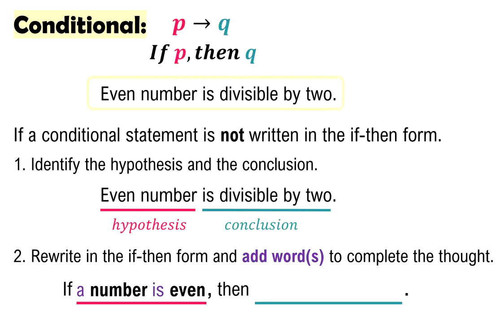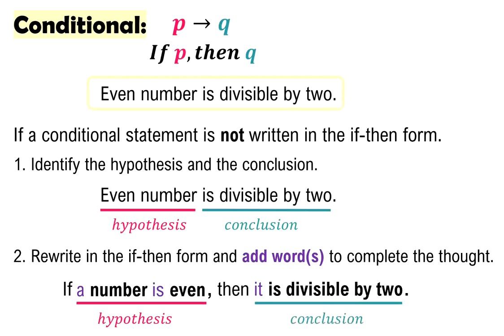Then for the conclusion, is divisible by 2, we just add the word it. Then, it is divisible by 2. Therefore, our conditional statement would be, if a number is even, then it is divisible by 2. Our hypothesis is a number is even, and our conclusion is it is divisible by 2.